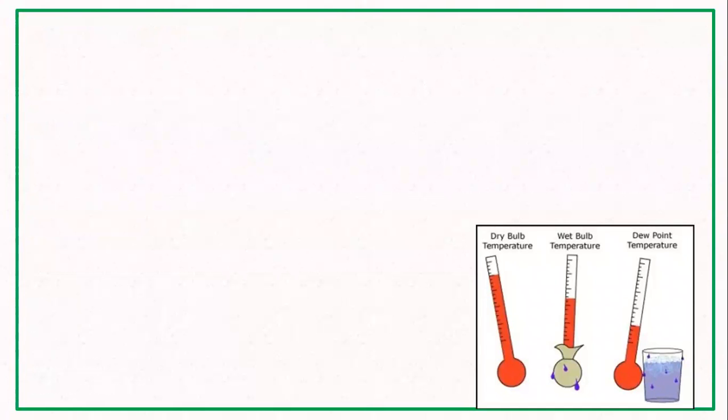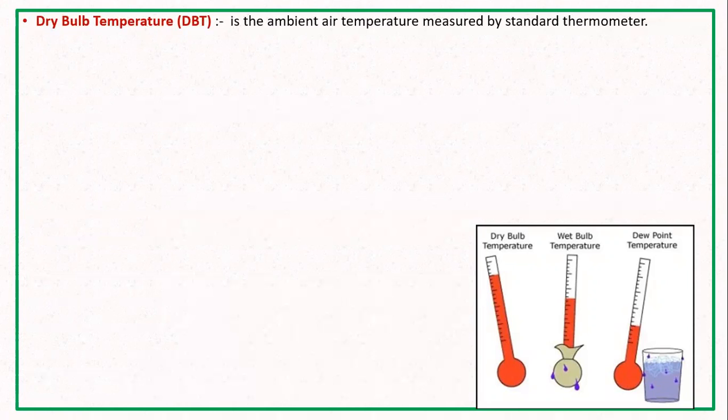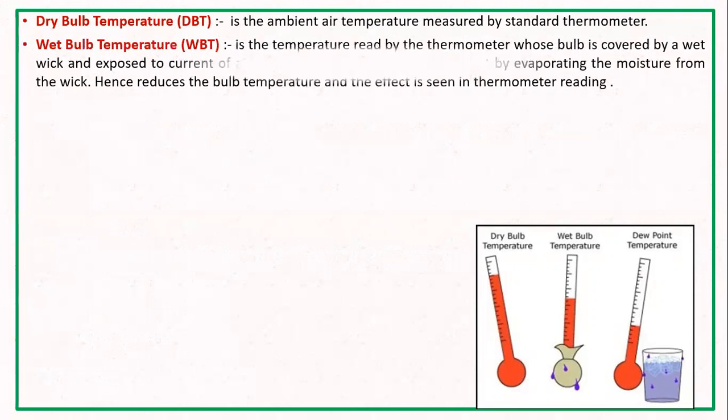Now let's see what these temperatures are. First, dry bulb temperature. Dry bulb temperature is nothing but the ambient air temperature, which is measured by a standard thermometer, and that is specified by DBT. Next is wet bulb temperature.